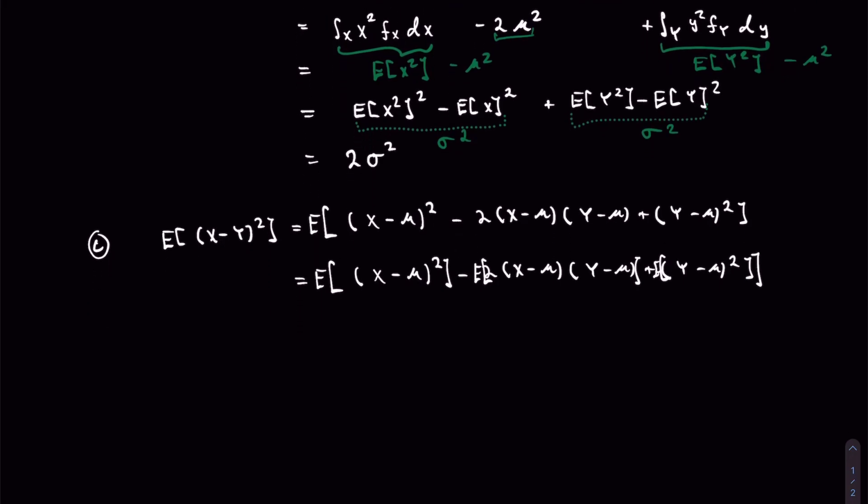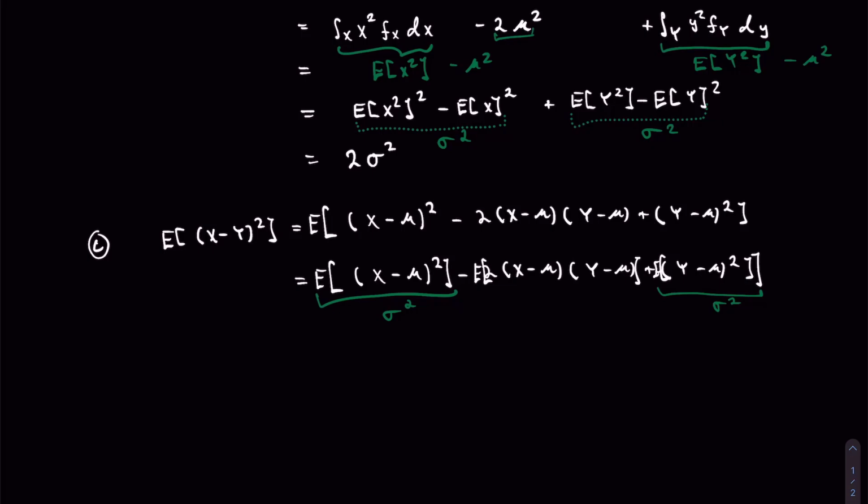Alright, so this indeed here is the variance, right? This is the variance of x, just another way of writing it out. That's a usual way actually to write it out. And this thing here is the variance of y, and that's also sigma squared.